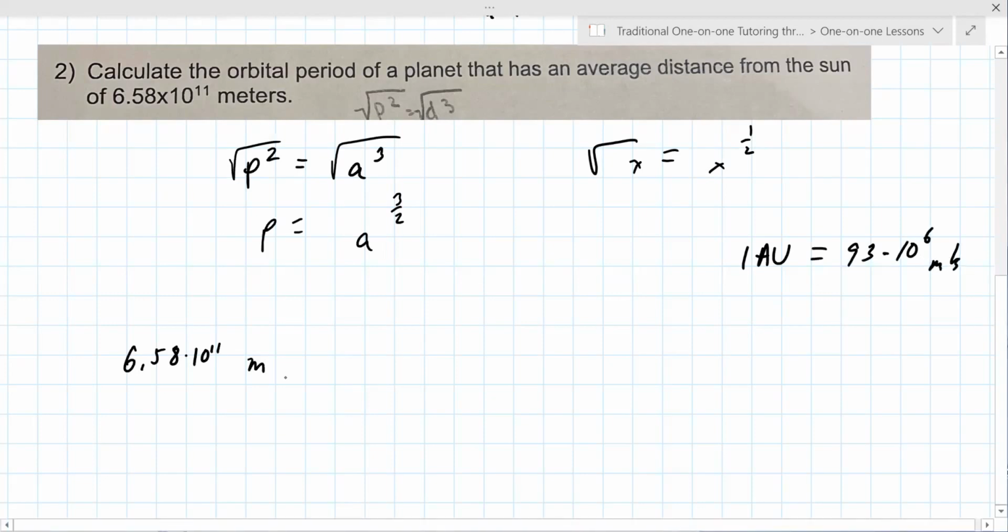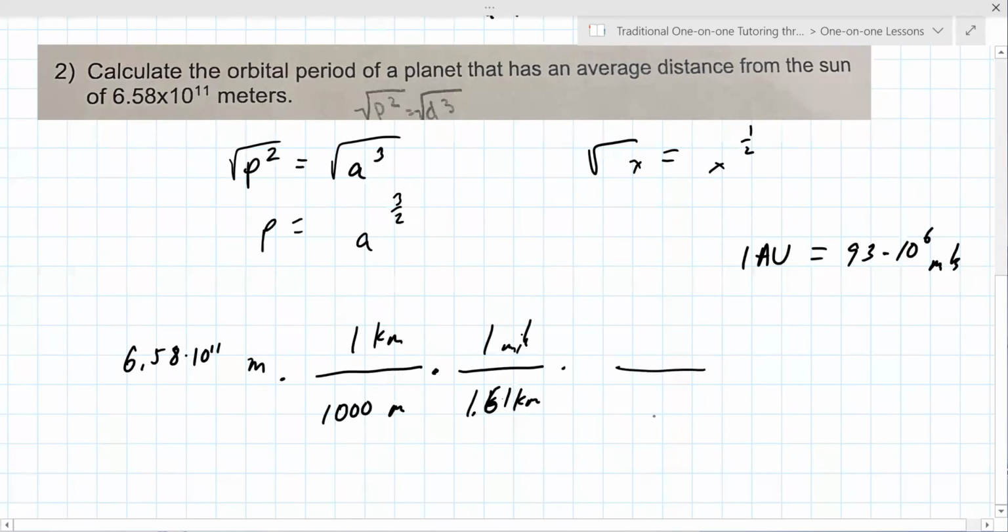So like you did here, you said, okay, there's 1,000 meters in 1 kilometer. I think you did it the other way, but 1.61 kilometers is 1 mile, and then 93 times 10 to the 6th miles is 1 AU.